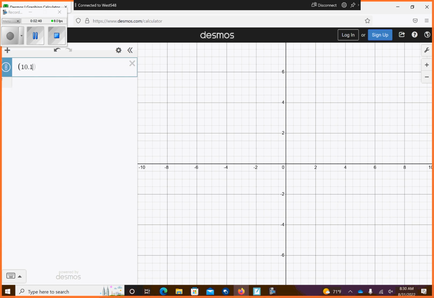So if I just plug my data in, 10.1 plus 10.2, 10.2, 10.2. Oops, I have an equals there. That's not going to work. Plus 10.2. And then 10.3 four times.